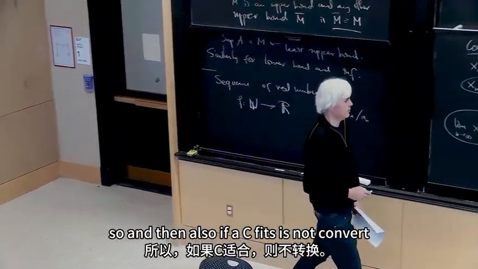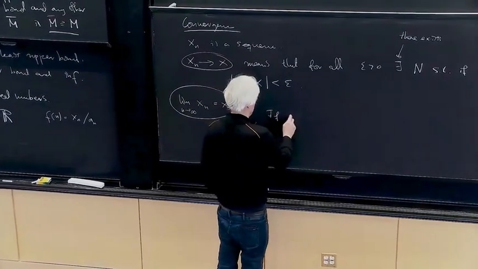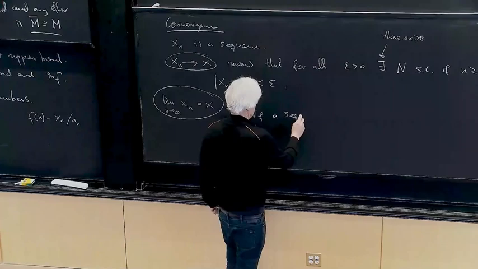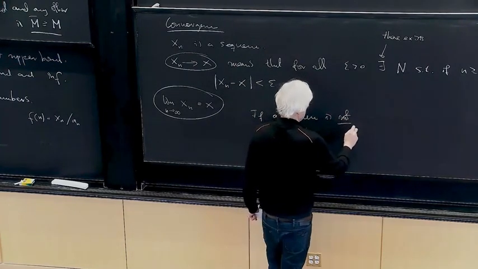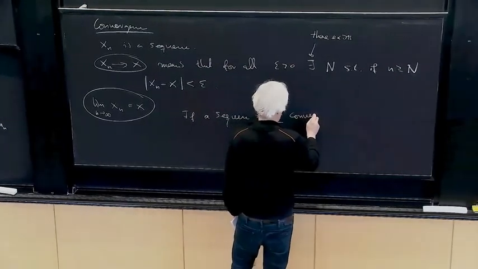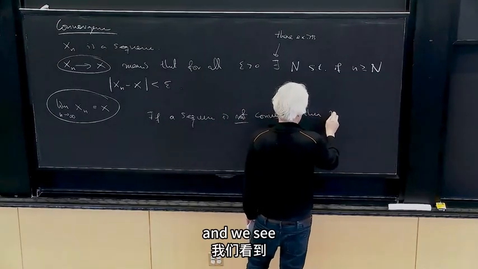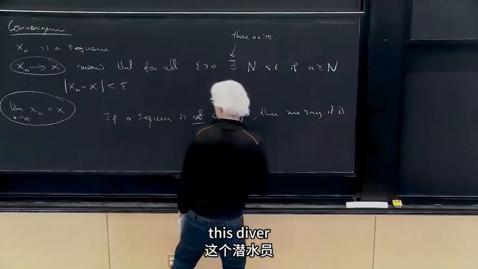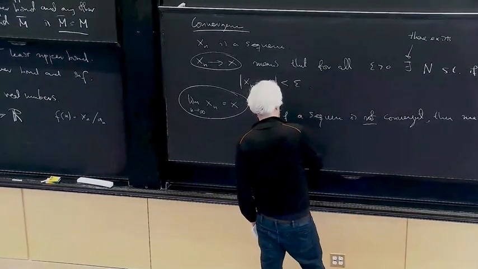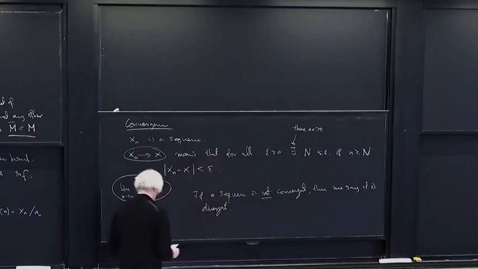And also if a sequence does not converge, then we say it is divergent. So a sequence is either convergent or it's divergent.